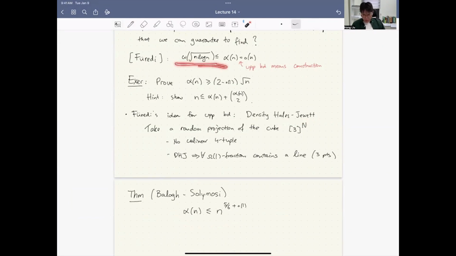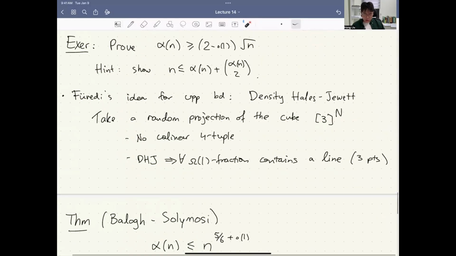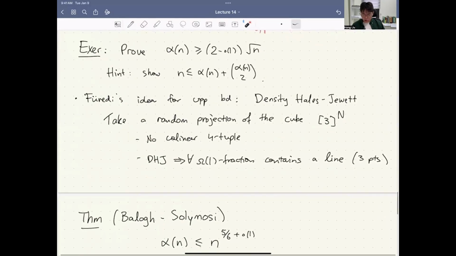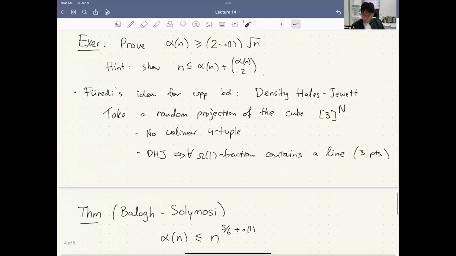Still, it remains open; there's a gap between roughly root n and n to the 5/6. If you can improve this power 1/2 or this power 5/6 by an absolute constant c, that would be a very nice result, I think. If you're interested, you can try to improve it. Okay.